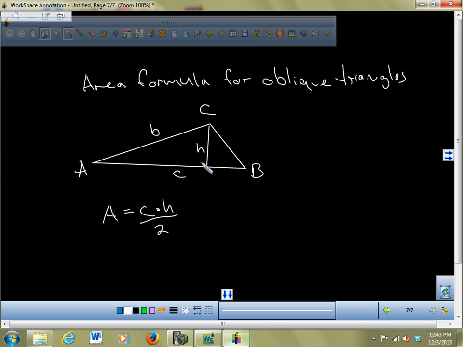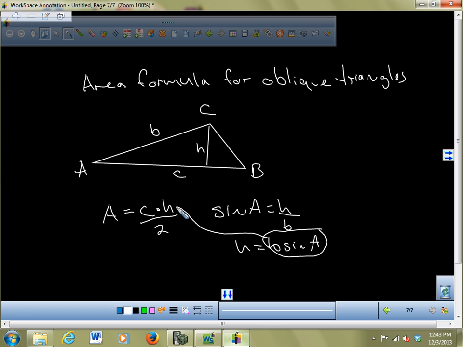But there's a shortcut, because I can write the sine of A is equal to H over what? H over little b, which means that H is equal to B sine A. I solved this for H. And now if I take this and plug it in here, I get a neater formula which looks like this.